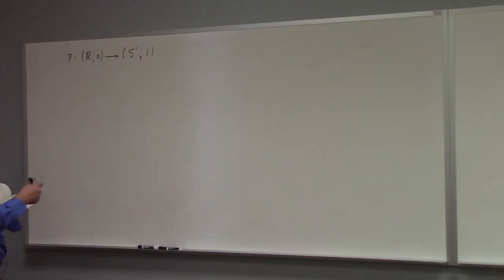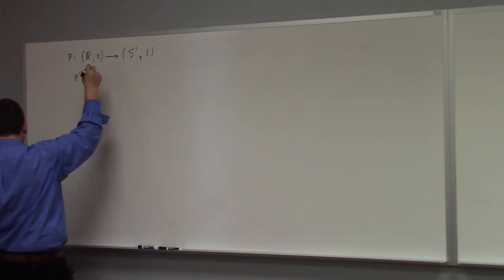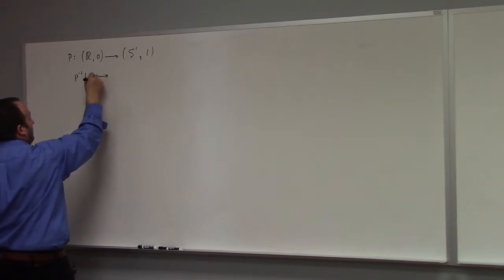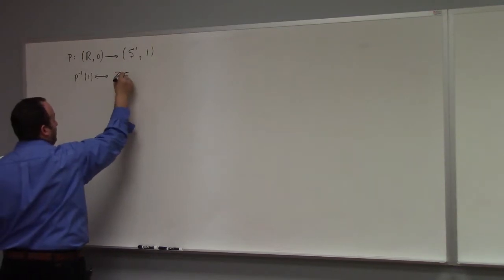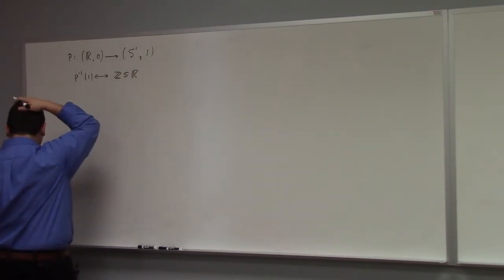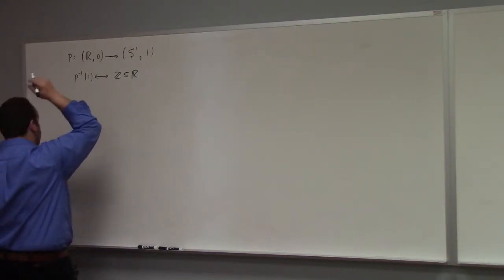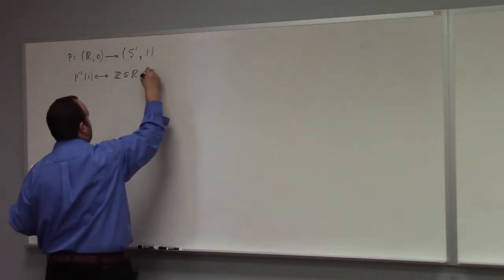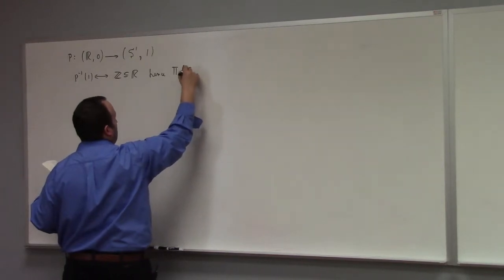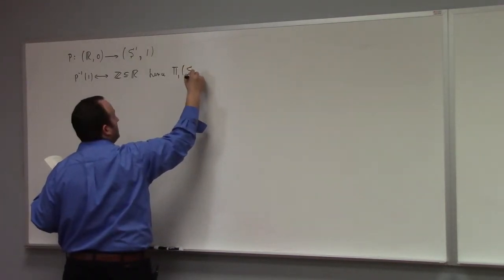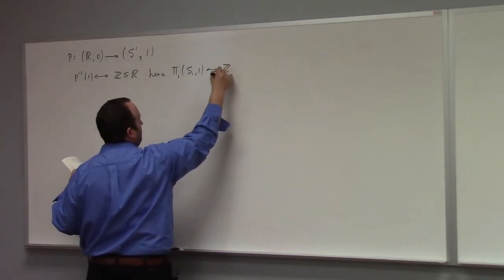He says since P inverse of 1 coincides with the integers, right, as a subset of the reals, he says this means that pi 1, the fundamental group of S1 based at 1, is in one-to-one correspondence with the integers.